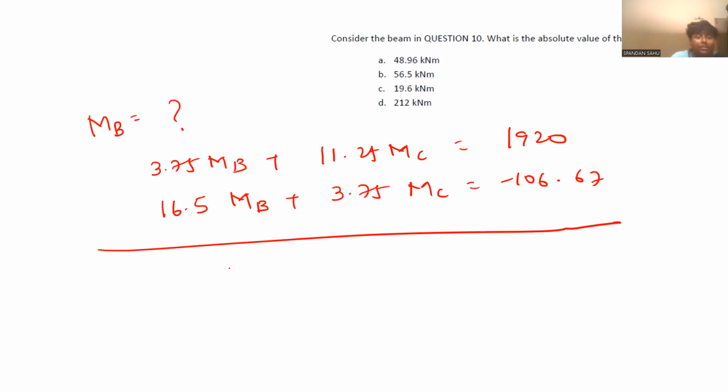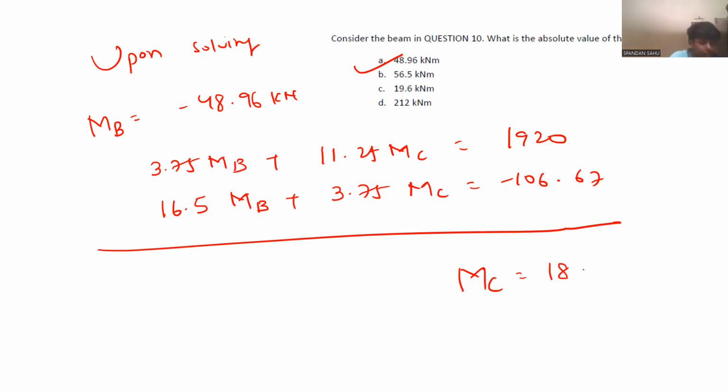When you solve this, you will get MB as minus 48.96, means option A. And after getting MB, substitute in one equation and you will get MC as 187 kilonewton-meter.